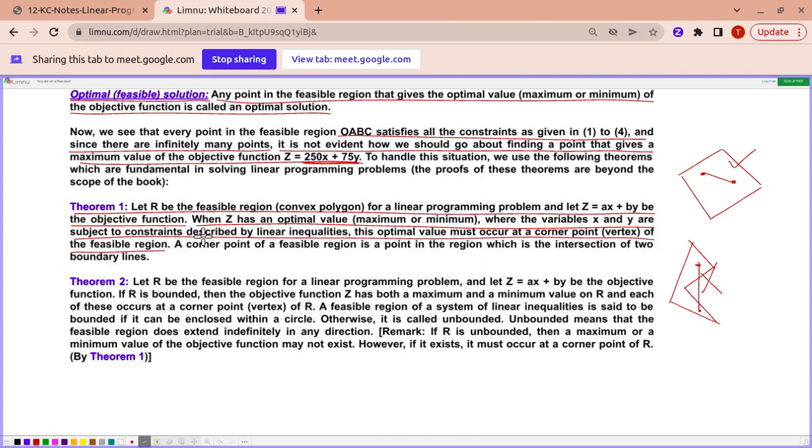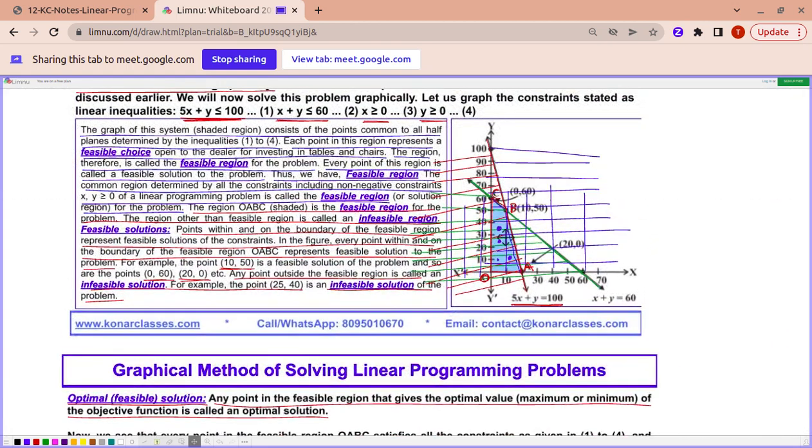A corner point of a feasible region is a point in the region which is the intersection of two boundary lines. Let me show you by going back to this one. This is one line and this is another line, and they intersect at this point, so this is one corner point.